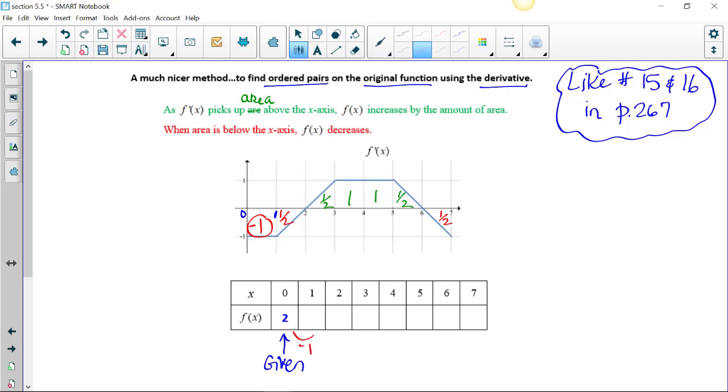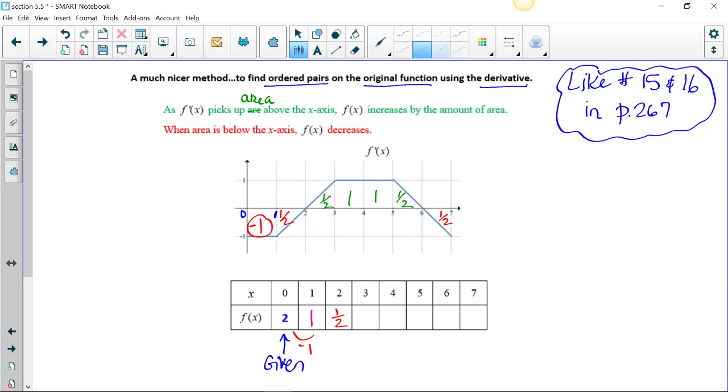So 2 minus 1 is 1. So my function value at 1 is 1. Okay? So you're just applying the change in the area as you go across. So from 1 to 2, my area is decreasing by 1/2, so my function value will decrease by 1/2. So 1 minus 1/2 is 1/2.